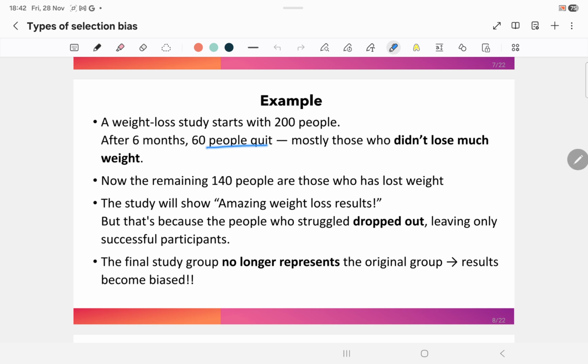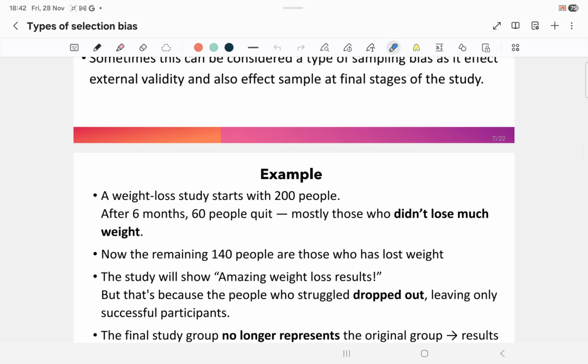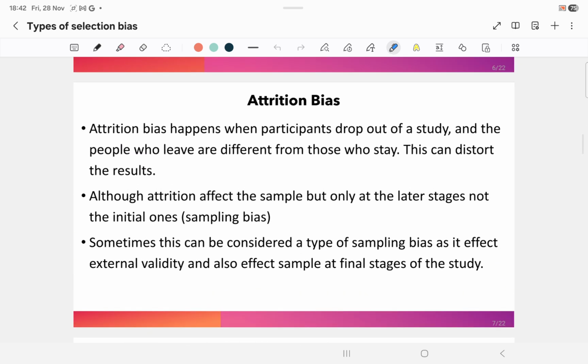We want to take the data of these 60 people along with the 140 people so that we can get the correct interpretation. This is a high point: if the question says there is 60% attrition in the study, will you consider the data of these 60% people? The answer is yes, we will consider the data during the final analysis. So this is attrition bias.